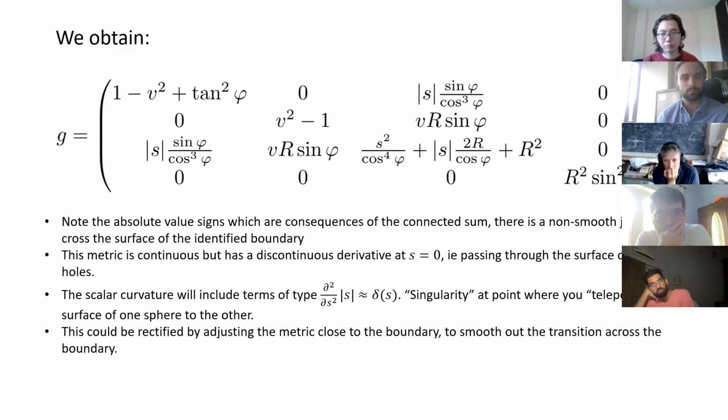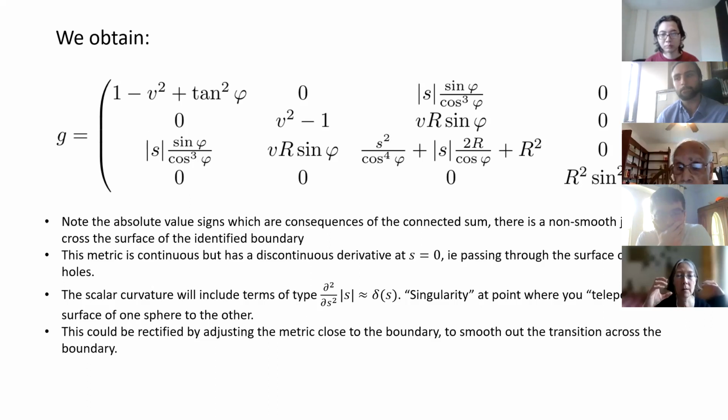Can I try and understand a bit more? When you say it's the upper half of the cobordism, is there a parameter which describes how these two excised balls are moving apart? Yeah, the V, do you mean how fast they're moving?